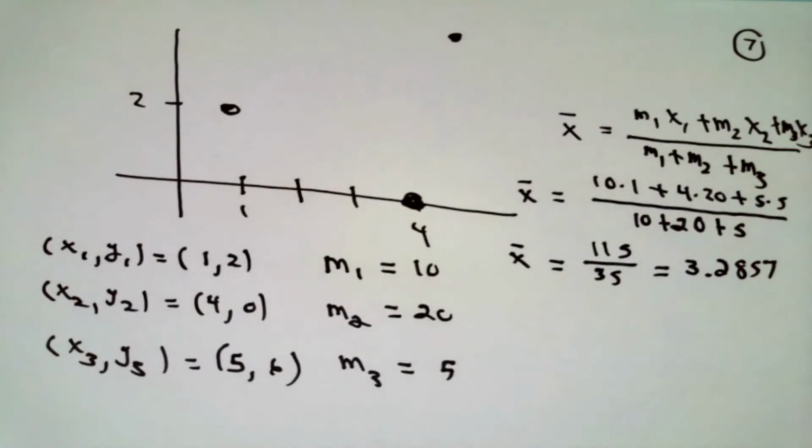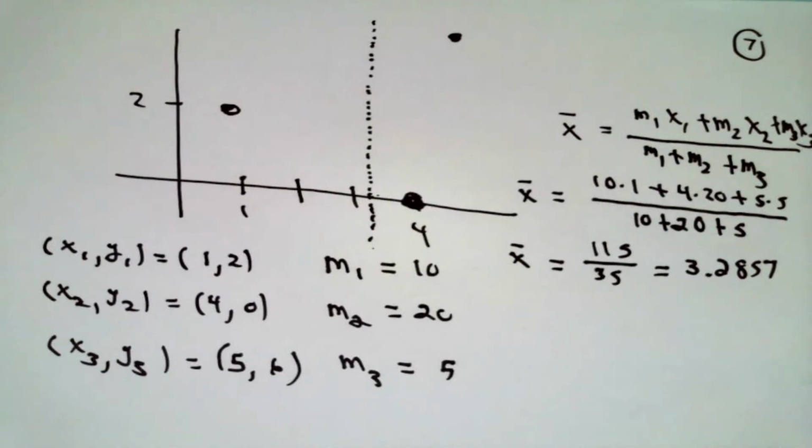Putting the numbers into the formula for x bar, I find out that x bar is 3.2857 to 5 significant figures. This is just a little bit more than 3 1/4. The x-coordinate of the center of mass is just a little bit bigger than 3.25, 3 1/4. In the picture, I'll draw that in. The center of mass is somewhere on that vertical line.